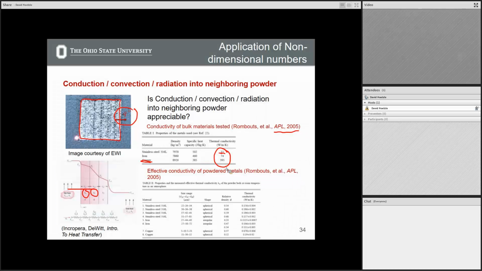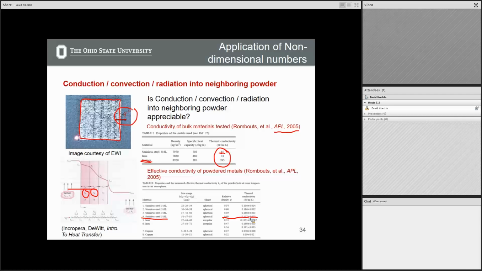Okay. And then they did some experiments. They did a lot of thermal analysis with the experiments, but then they looked at stainless steel 316L at different packing densities. They basically took all these particles and packed them at different densities here. This is about in the range that you see in powder bed fusion, and you get thermal conductivities at around 0.15, right?